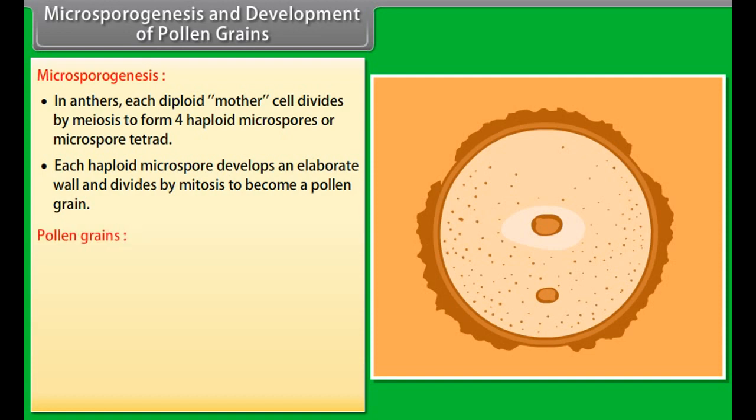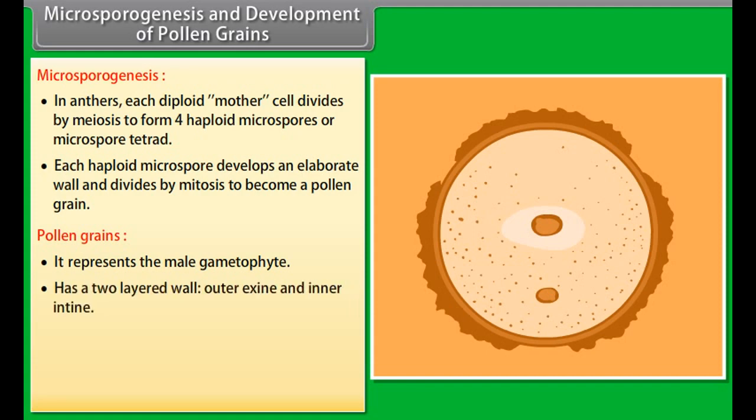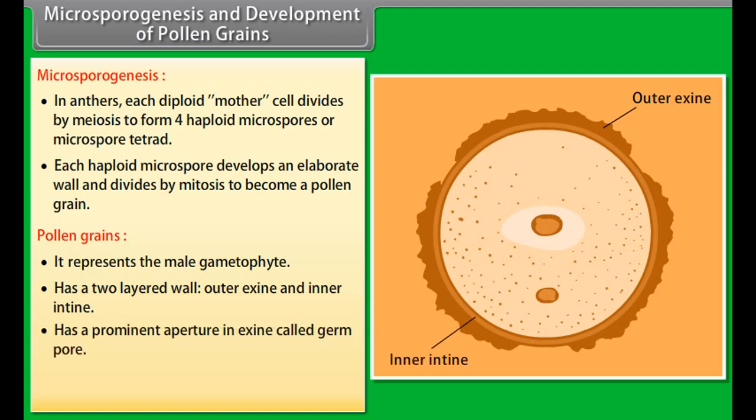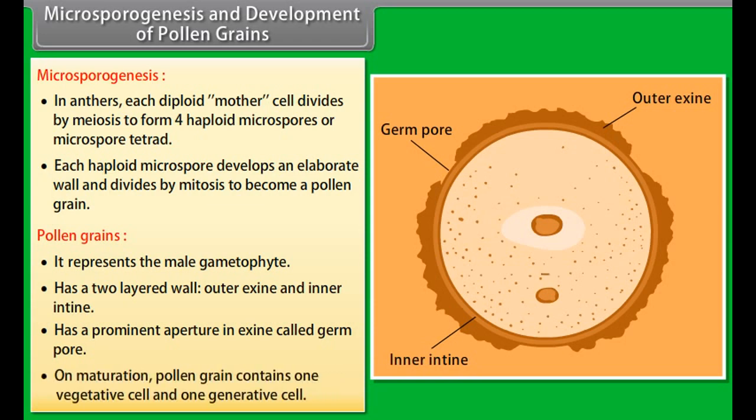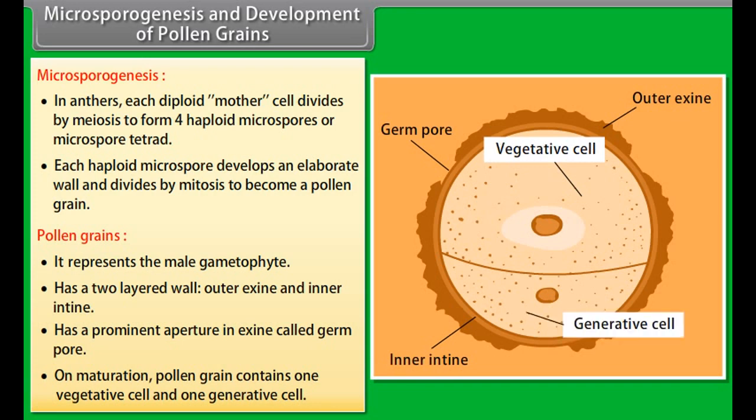Pollen grains represent the male gametophyte. They have a two-layered wall, outer exine and inner intine, and a prominent aperture in exine called germ pore. On maturation, a pollen grain contains one vegetative cell and one generative cell.